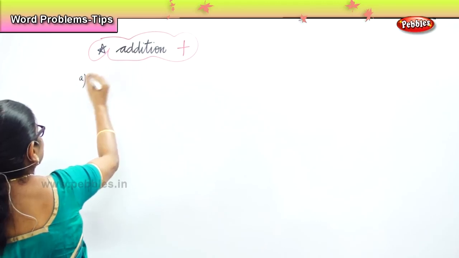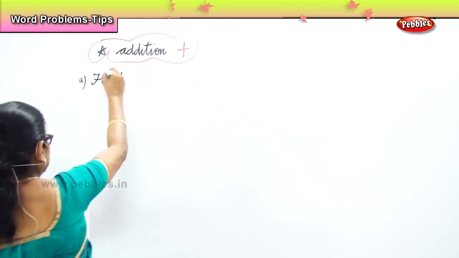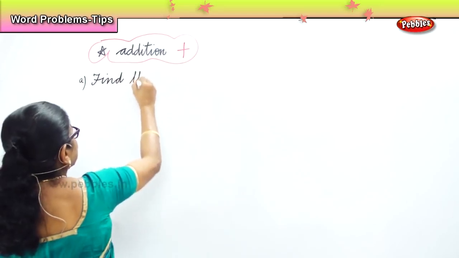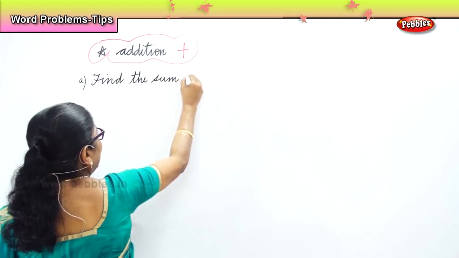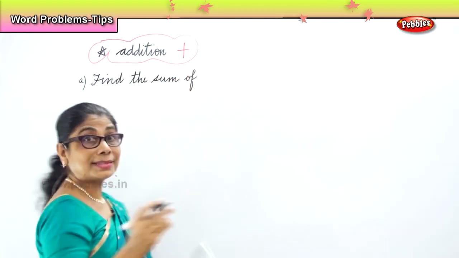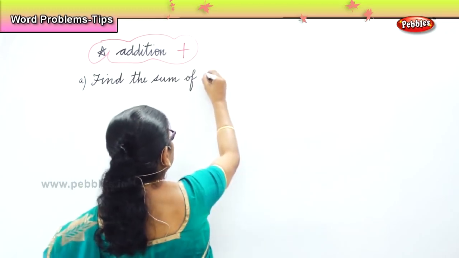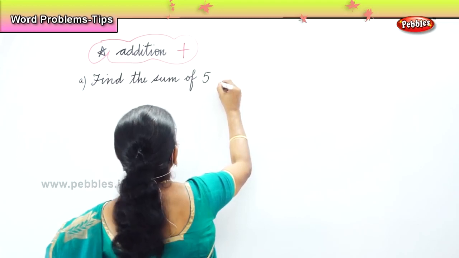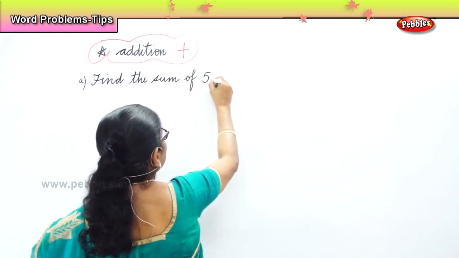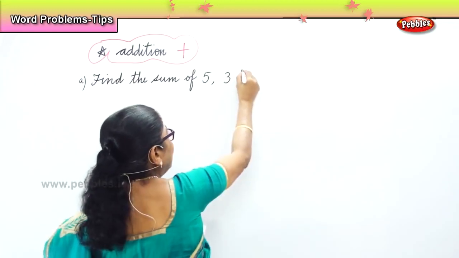Find the sum. Find the sum of. Sum of means two numbers are there: 5 and 3. Find the sum of 5 and 3. Now, this is a problem by itself.